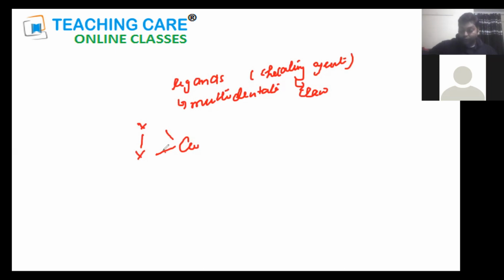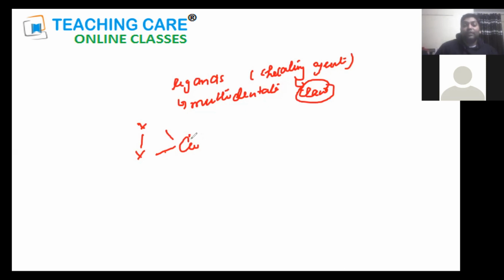Okay, got it? Could you explain it once again? Every central atom is surrounded by ligands. If ligands are multidentate, they form a ring. Chelating comes from the word claw, and claw means to hold.